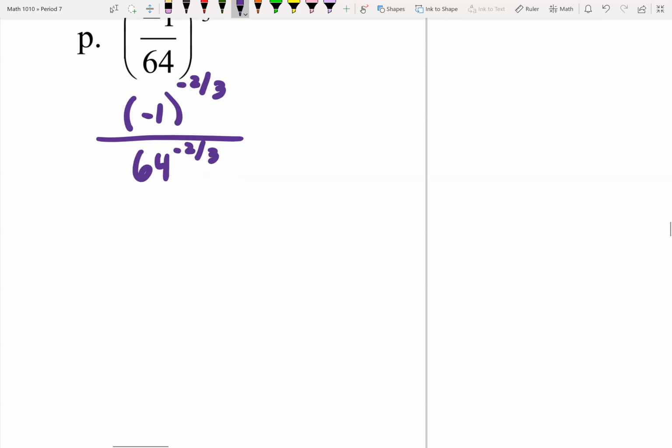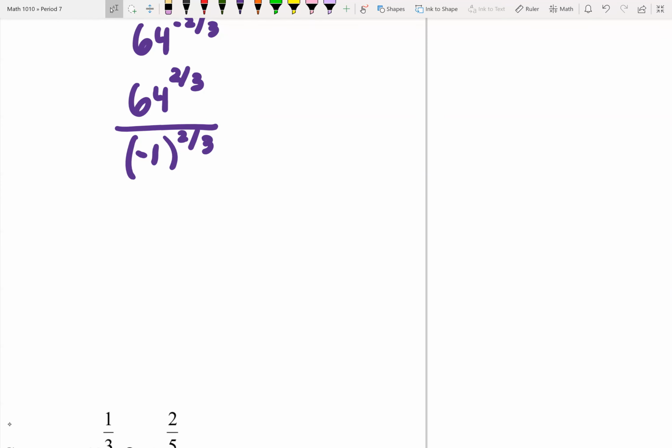Now, I don't want those exponents to be negative, so I'm just going to flip-flop everything, okay? So on top, I have a 64 to the +2/3. On the bottom, I have a -1 to the +2/3. Okay? Is everybody with me? Okay, on the top, that is the cube root of 64.